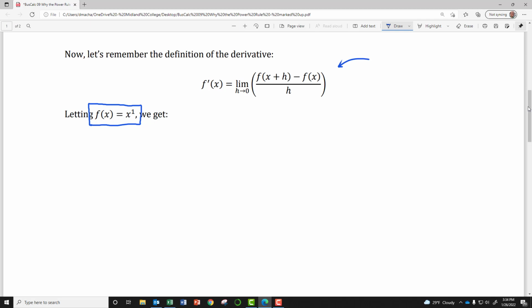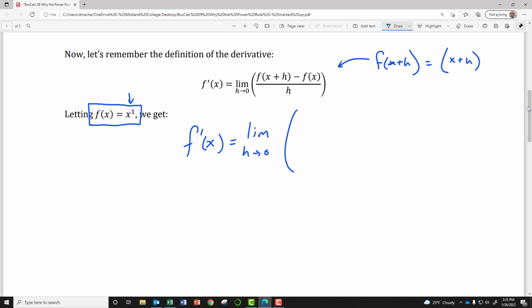If we do this, what we're going to get for our derivative is the limit as h approaches 0 of, now our f of x plus h, when my f of x function is just x to the power 1, that's going to be x plus h to the power 1.